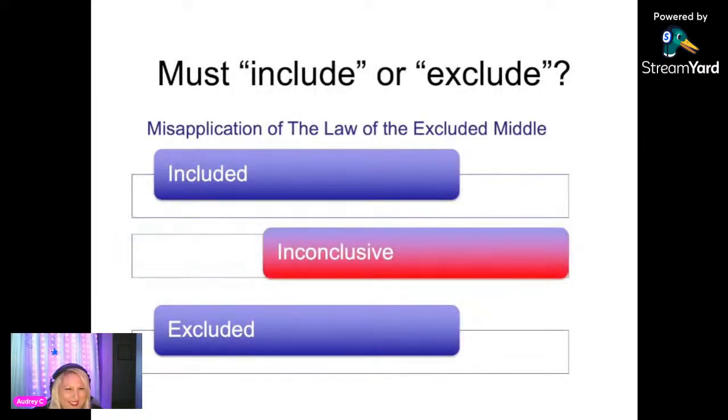This logical fallacy misapplies the law of the excluded middle. The lawyer is incorrectly saying that the defendant must either be excluded or included from the evidence. There is no other possibility. This is shown in the boxes on the slide in blue. But there is a third possibility.